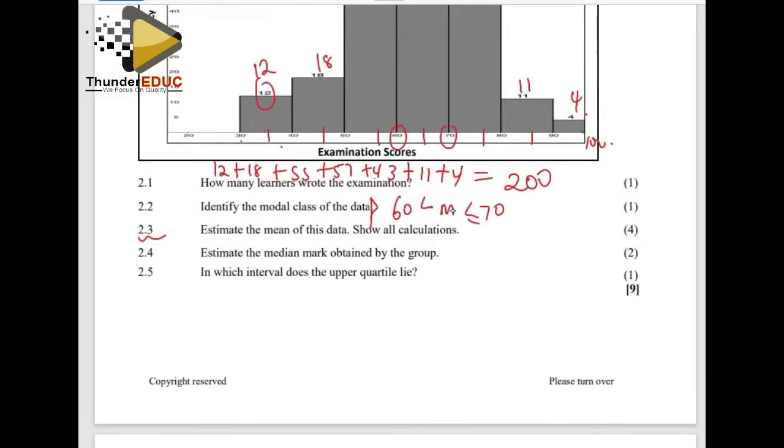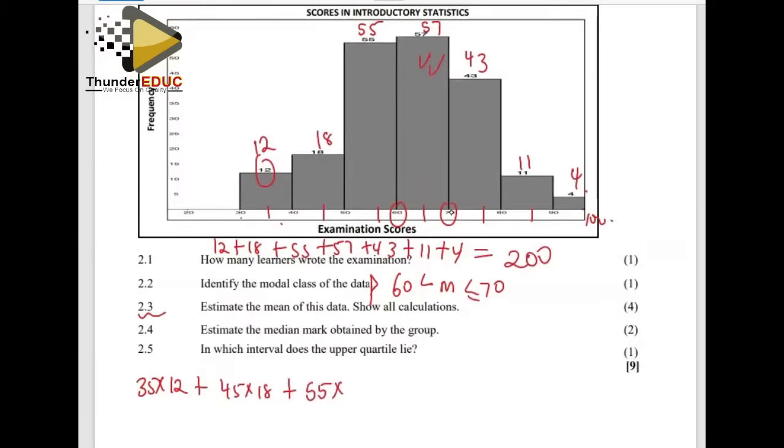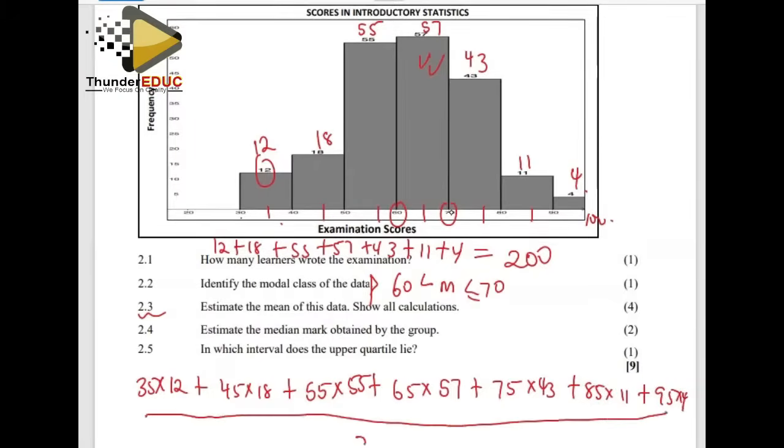So here we're going to have 35 multiplied by the 12, plus 45 multiplied by 18, and then 55 multiplied by 55 again, plus 65 multiplied by 57, and then 75 multiplied by 43, 85 by 11, and then 95 by 4. And then the answer we get, we must divide by 200. The formula tells us that the estimated mean should be the summation of f times x over the summation of f.